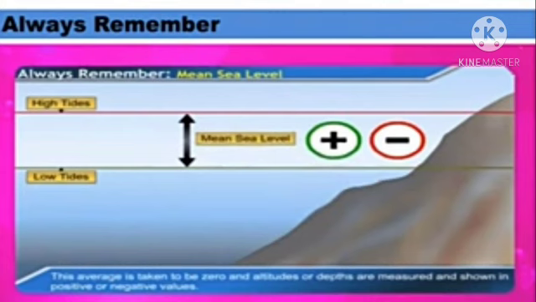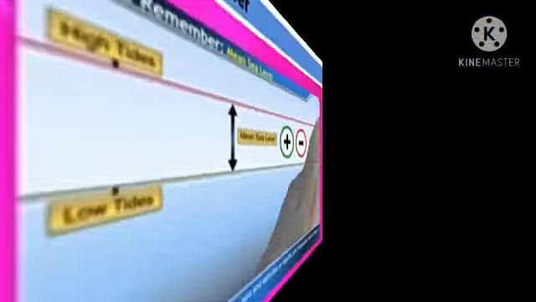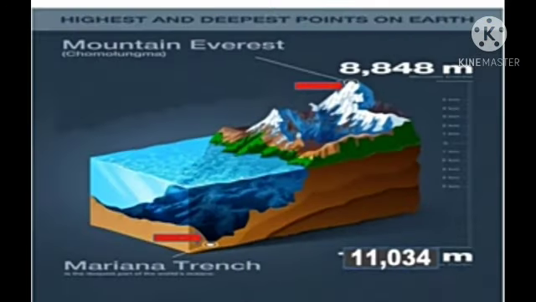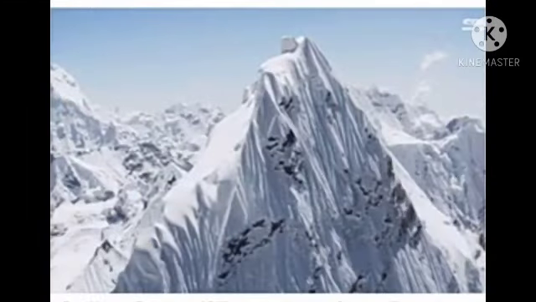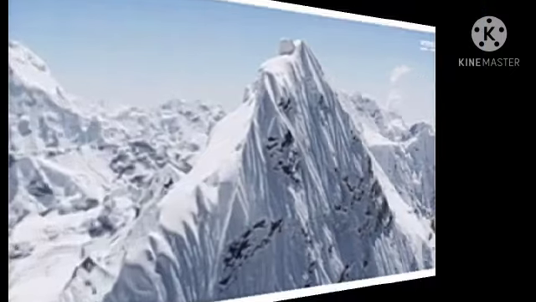This average is taken to be zero and altitudes or depths are measured and shown in positive or negative values. For example, Mount Everest is 8,848 meters high and Mariana Trench is 11034 meters deep. So it is deeper than Mount Everest is high.